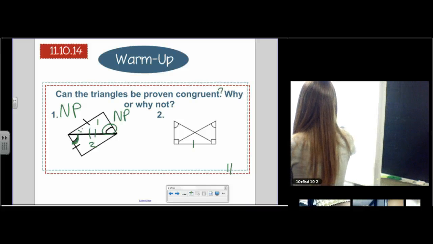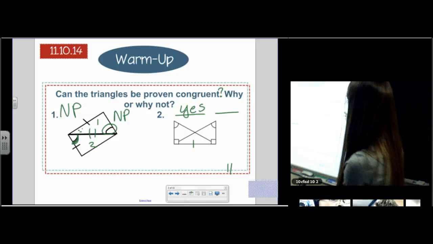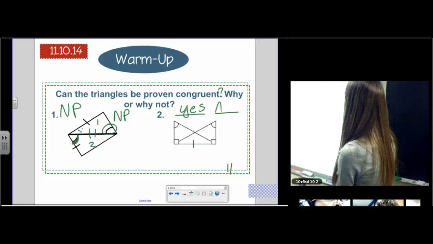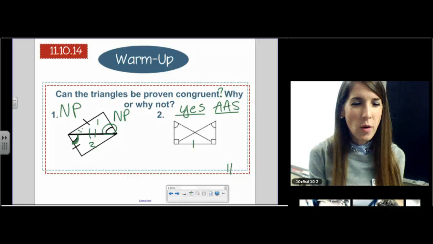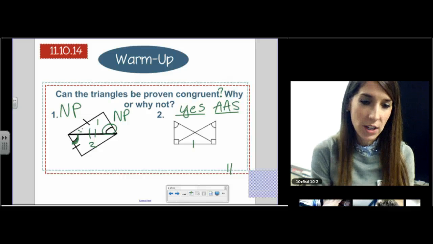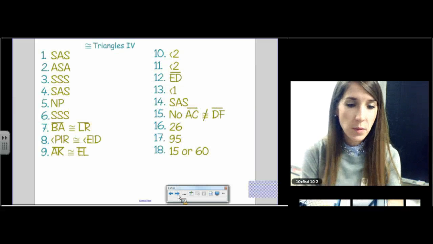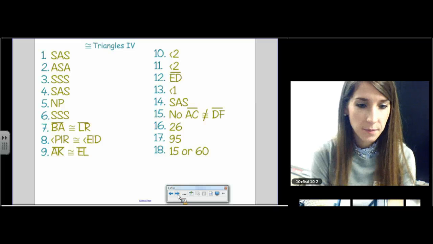We're going to write yes. And for the why, on this one, we're going to write angle, angle, side. That's how your quiz is going to ask it to you today, so that's why we did that in the warm-up. Thank you for actually reading the directions. Good job. I hope you practiced on your homework. This was a really good practice for the quiz.